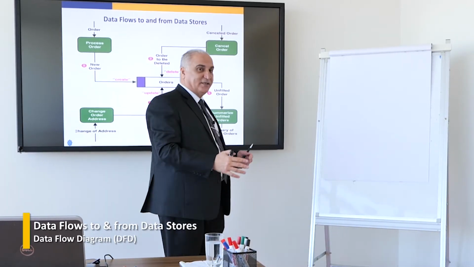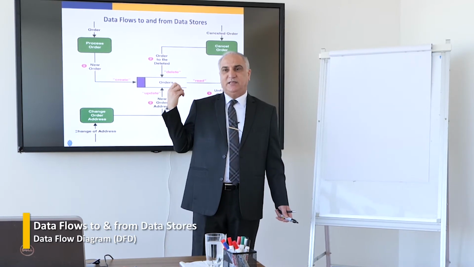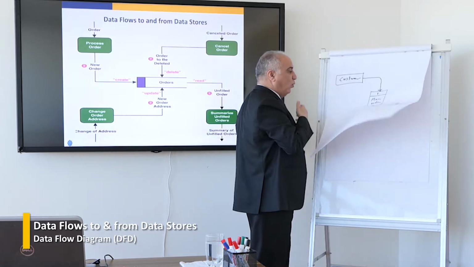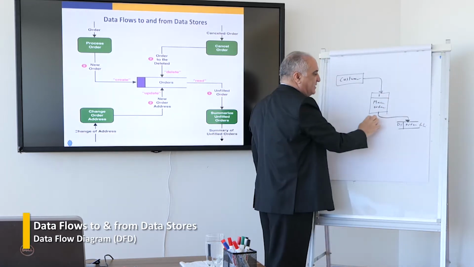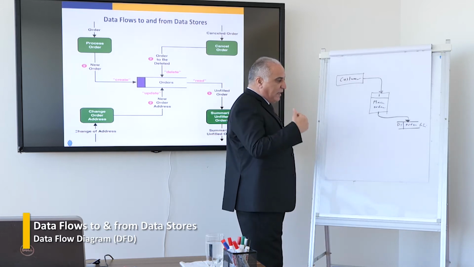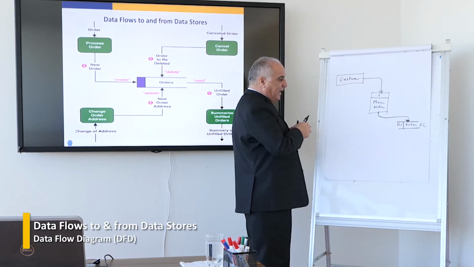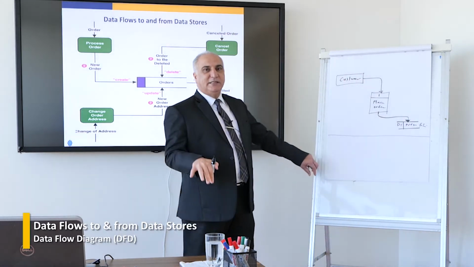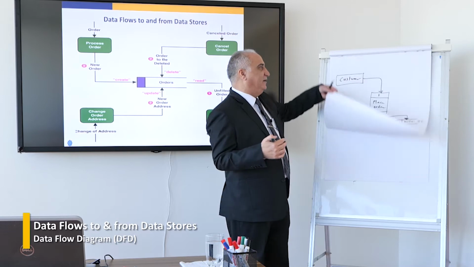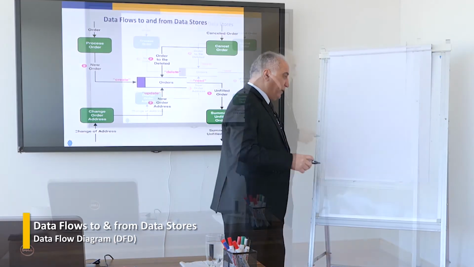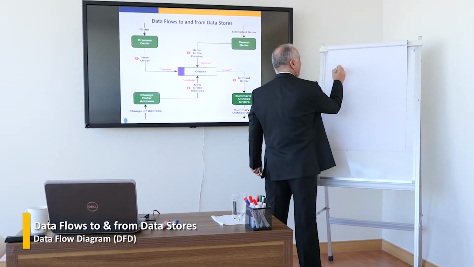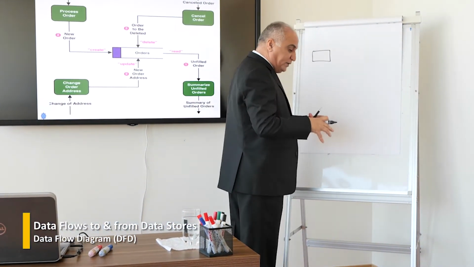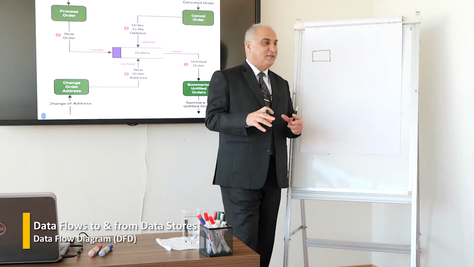We have 4 processes. In the first presentation, the first example, we have only 1 process, and this process is placing the order. Now we are going to break down that process into another details level, which is the second level. In this case, we are seeing that process 1, the order, could be broken down in more detail into another 4 processes.